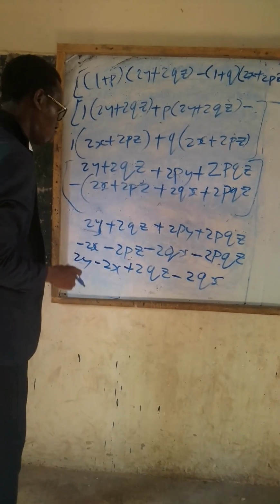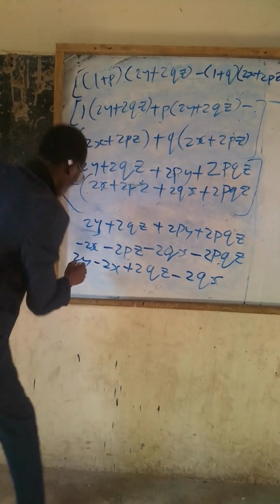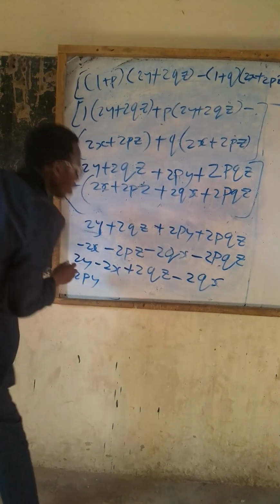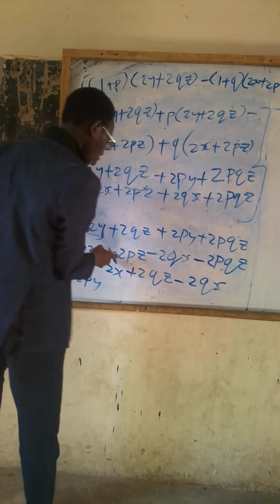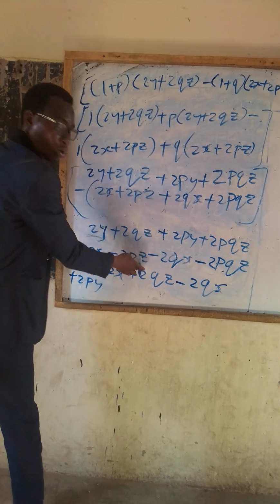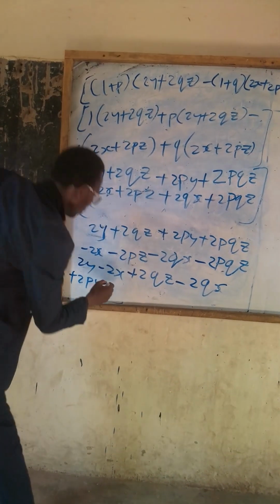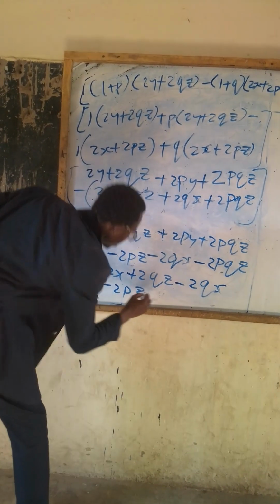Minus 2qx. Okay, let's come to plus 2py. Is there any other plus 2py? There is none, but let's come to minus 2pz. Are you getting me now?